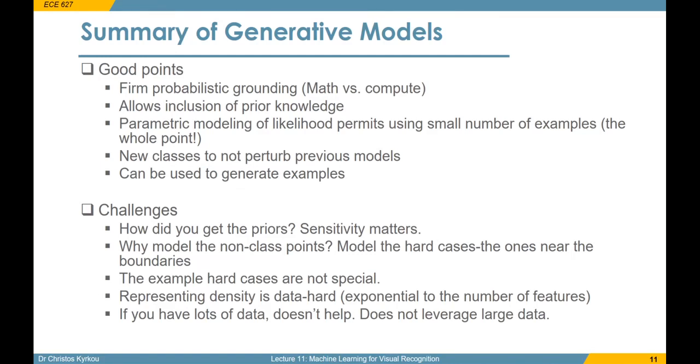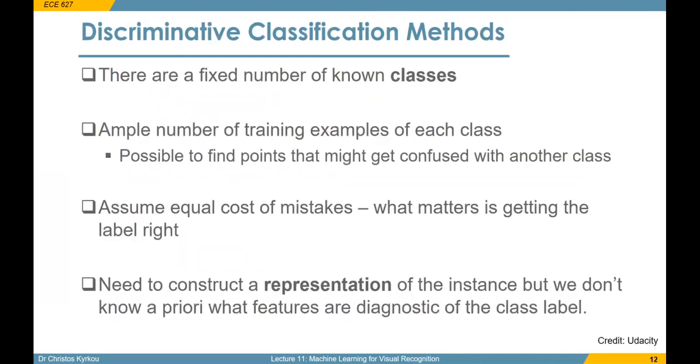Also, as I said, the fact that they work well with little data means that when you have a lot of data, since you are fitting a particular model, it might not be able to utilize all that data. So it doesn't leverage big data that much. So generative models, as I said, were the first approaches used for classifiers.